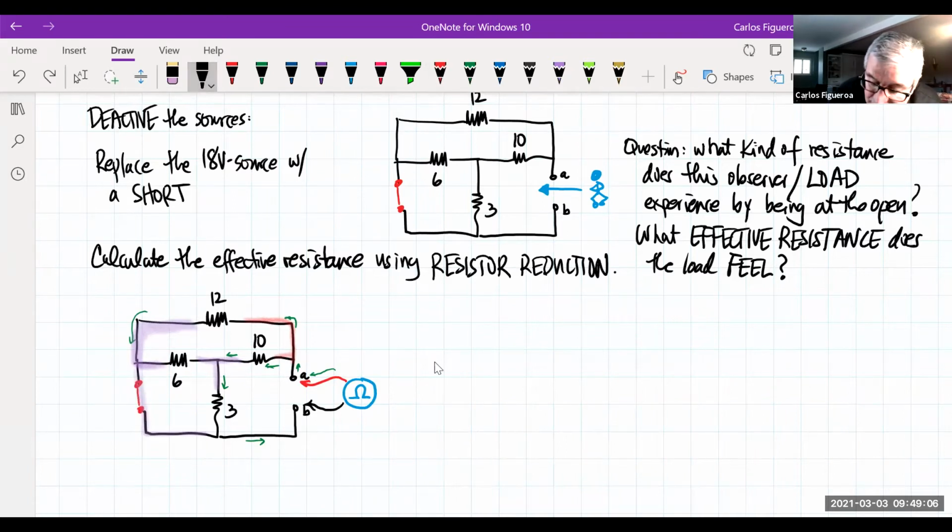So what is the effective Thevenin resistance at this opening? You have 10 in series with 6 parallel 3, and then this whole thing is in parallel with the 12 ohm resistor.